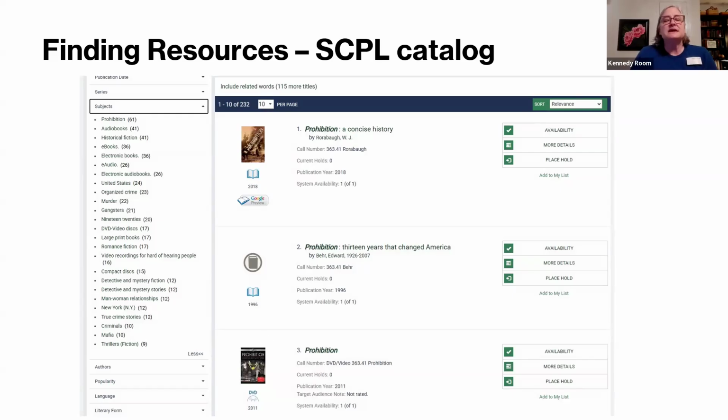Now, you will see that some of this is mysteries, fiction about prohibition, mysteries, movies, that kind of thing. You want to see on the left-hand column the various subject headings and things that can help you limit. Oh, I don't want an audiobook. Or, oh, let me look at the ones with organized crime or murder or gangsters.